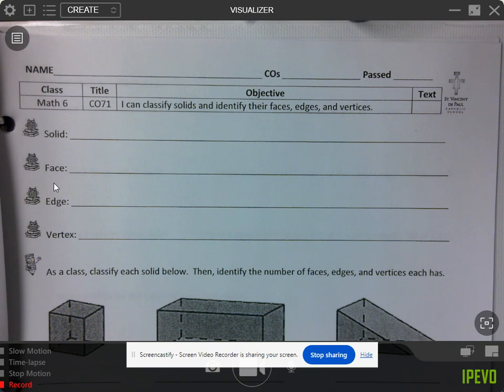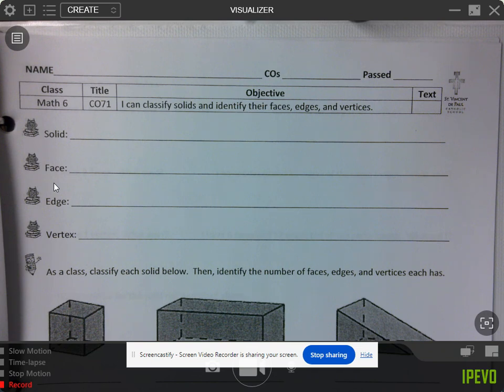The face is that flat surface. We need to know what the edge is, the lines. So the edge is where the sides join. And our vertex is the point where several planes meet. So it doesn't say where several faces meet, it's several planes. So that's why in our cone, we do have that one vertex at the tip.